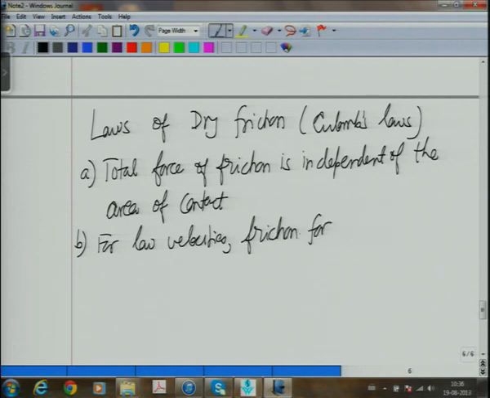Friction force is... now actually I am writing the laws, but what actually is the friction force between two bodies?